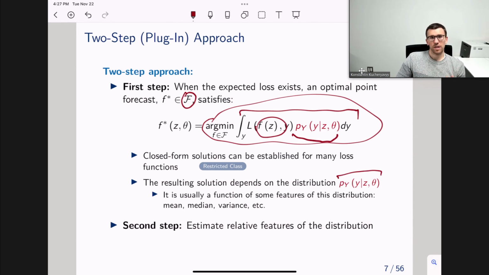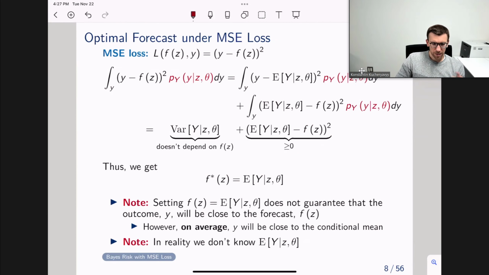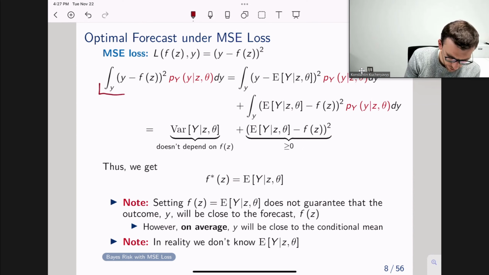Now, let me give you examples of this. So let's say we have a mean squared error loss. So our expected loss is going to be this.